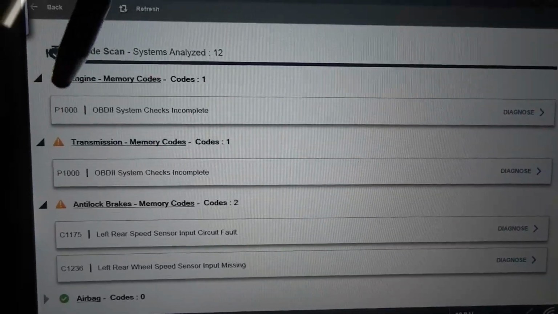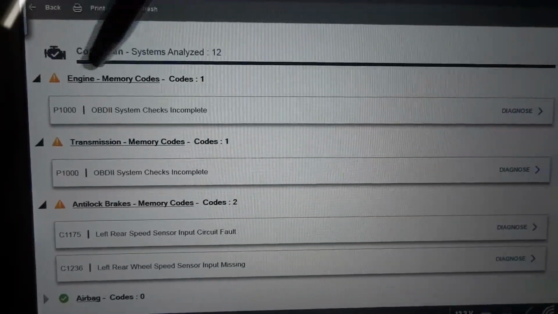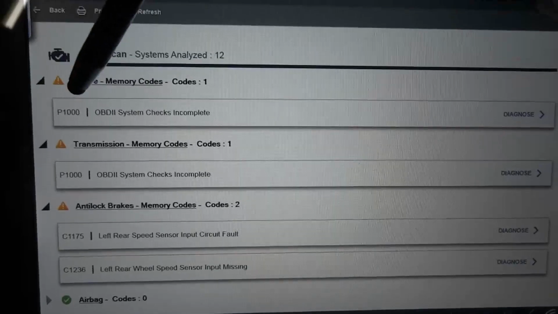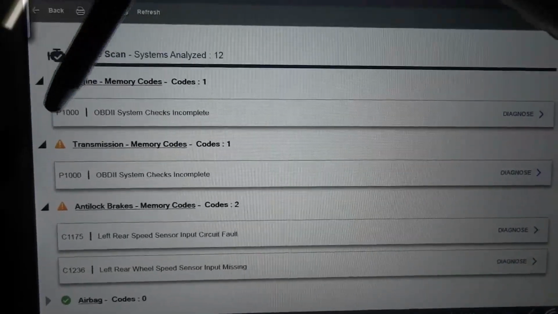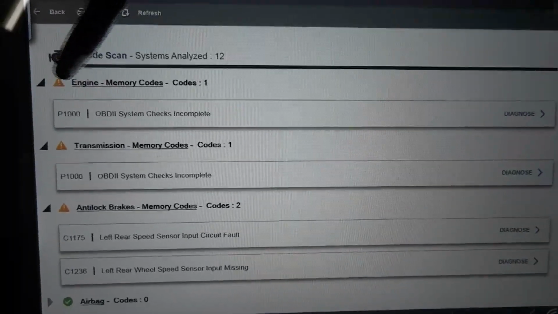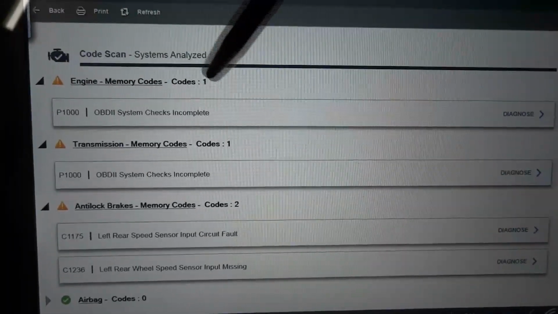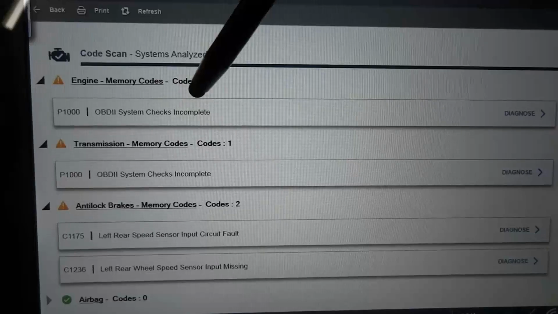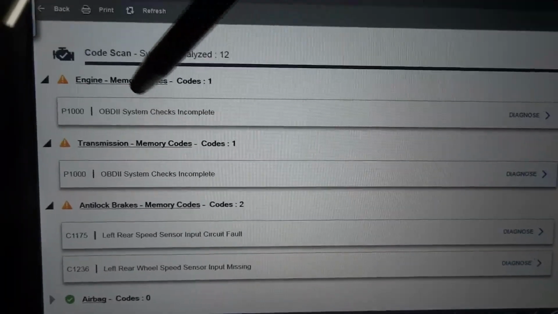This code can be set if the battery had been disconnected at some point, or if the battery had died. It sets when all the monitors on the vehicle haven't run. Okay, so this is not a problem.